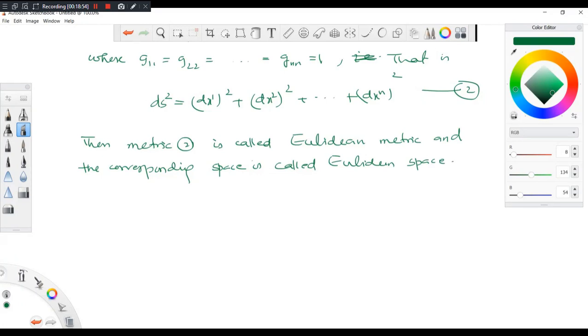So Euclidean space is the one with the metric, the distance between two points defined like this.